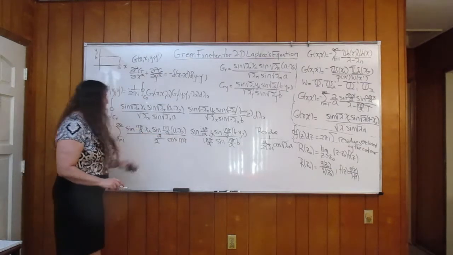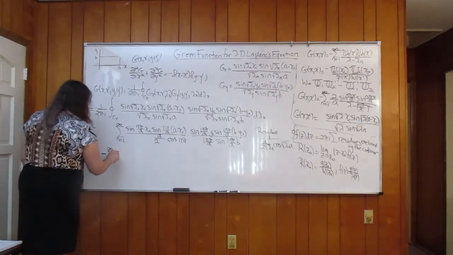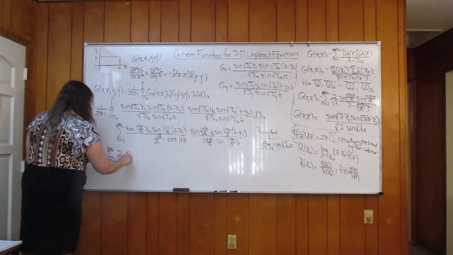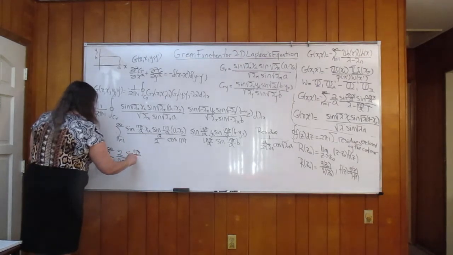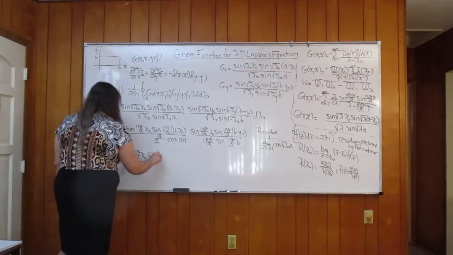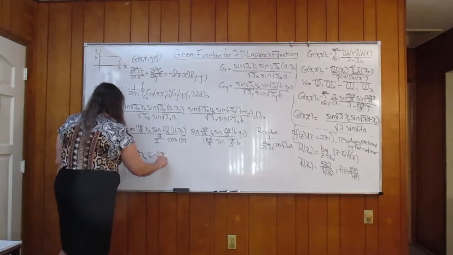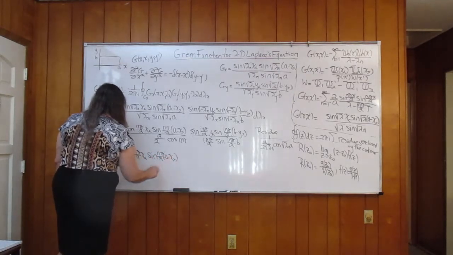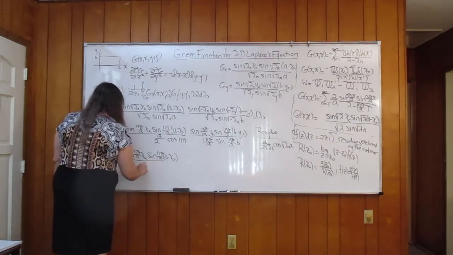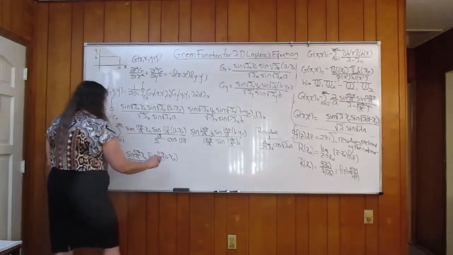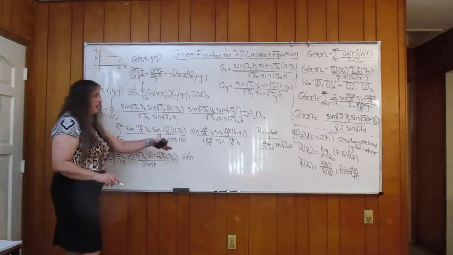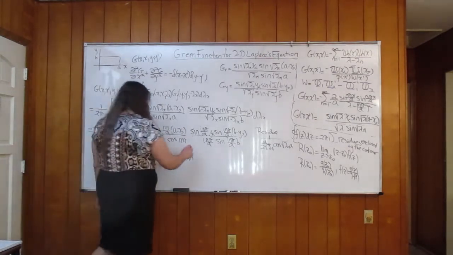This a will cancel with this one. The 2 will flip up into the numerator, and I'm going to pull the n pi over. And this cosine of n pi, I'll just leave that in the denominator. And I'm going to replace the sine of i that's in the argument by i sinh.